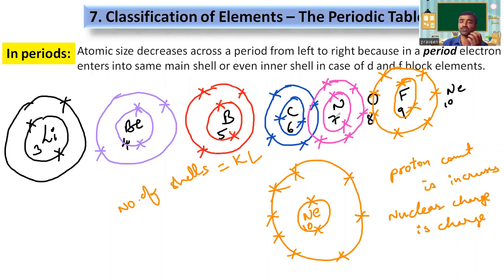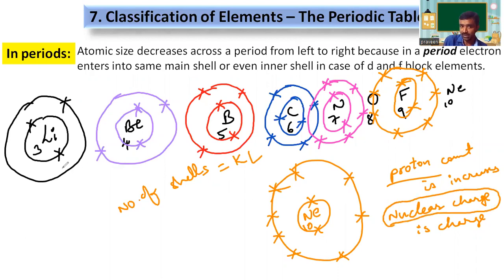Only positive charges inside the nucleus count. Neutrons are neutral, and other particles present inside the atom are considered chargeless. So only protons are positively charged particles, and that is considered the nuclear charge.